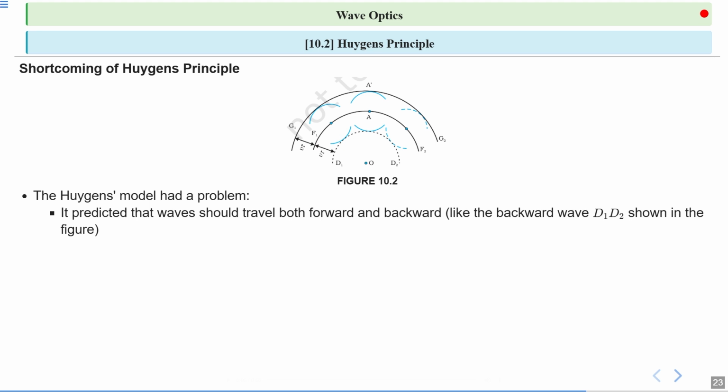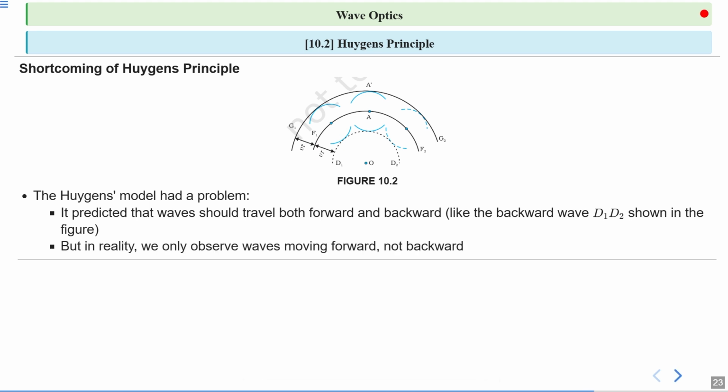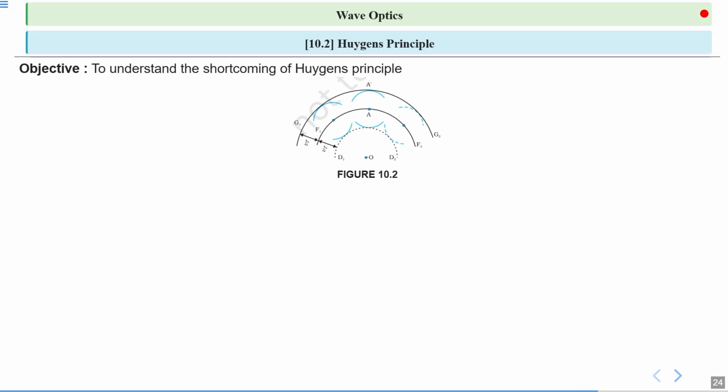Understanding this limitation helps us refine our models and improve our predictions about wave behavior. To summarize, Huygens' principle suggests waves should move in both directions, but we only see them moving forward. Our objective here is to understand Huygens' explanation of wave propagation and its shortcomings.